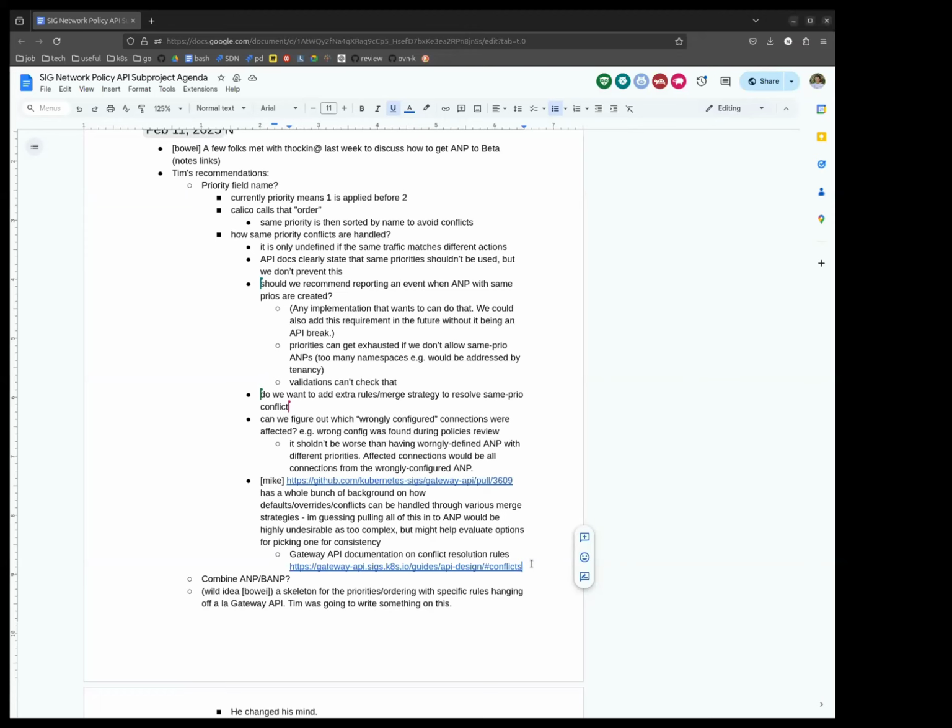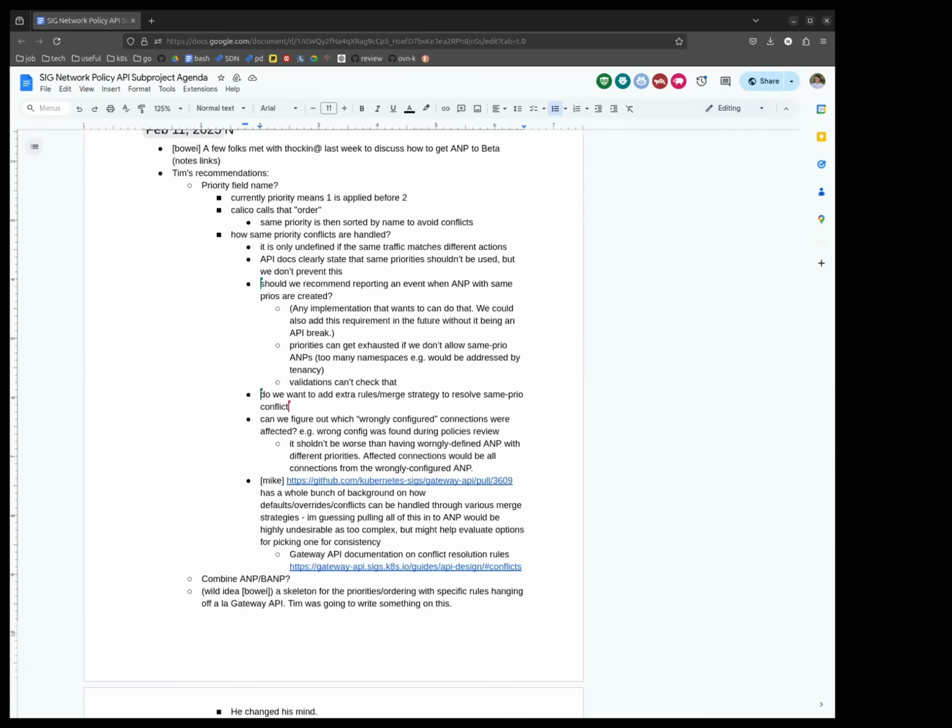I think that's only if both policies are matching all packets or something, right? The intent is not that somebody can write two different policies that both apply a wide range of allow and deny rules to all packets across the system. In that case, it doesn't matter whether you have the same priority or different priorities.